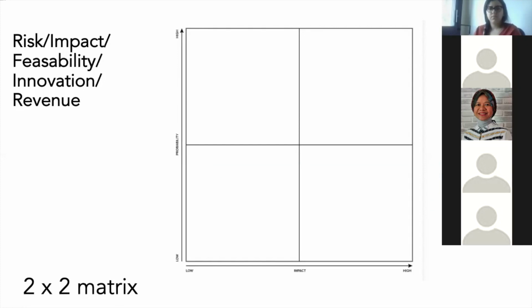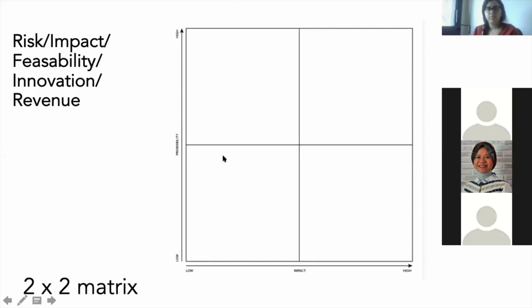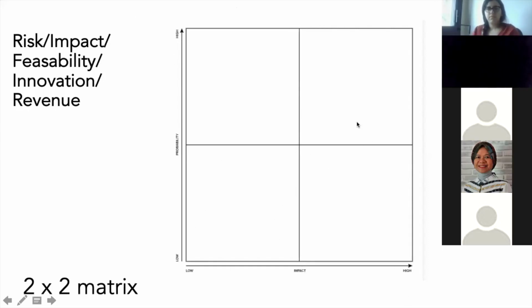So it could be impact, it could be innovation. On the other hand, it could be feasibility or implementation or the money that we can make out of that. That is really up to you, okay? But by putting these different categories up here and then mapping our ideas on it, it just helps us to get a better understanding, a visualization of the different opportunities that we can now test.